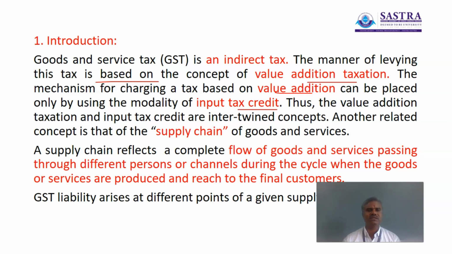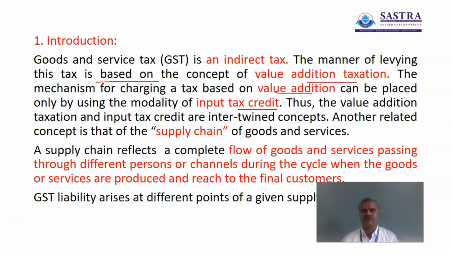So you know, goods and service tax is an indirect tax. It comes under the indirect tax because there are two types of tax systems: one is direct tax and the other is indirect tax. Income tax comes under direct tax, but GST comes under indirect tax. The manner of levying tax is on the concept of value addition tax.